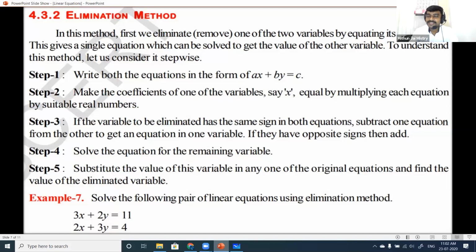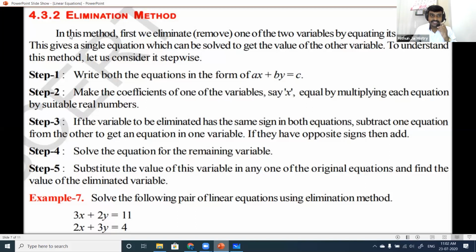In that, every week one of the participants will be eliminated. What do you mean by eliminated? The participant who is going outside cannot participate again. So we are just taking them out of the show. So here also the meaning of elimination is nothing but to remove one of the variables.